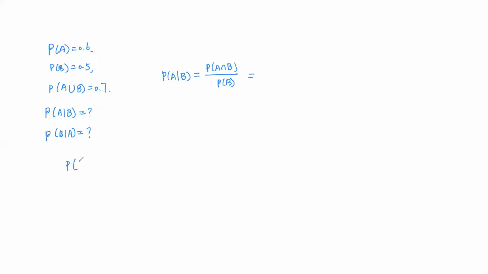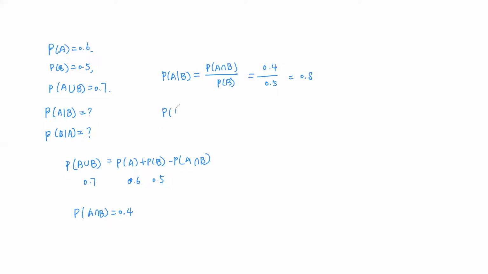We have a union rule, or addition rule, which is the probability of the union equals the sum of the probabilities minus the probability of the intersection. So plug in 0.7, 0.6, 0.5, and we have 0.4 for the intersection. Now plug in 0.4 over the probability of B, 0.5, so we have 0.8.